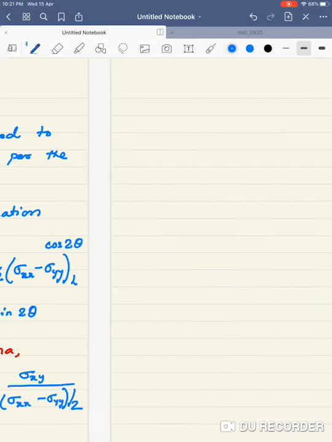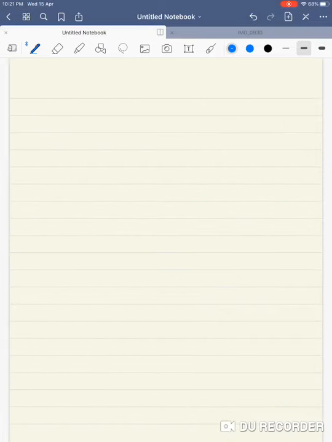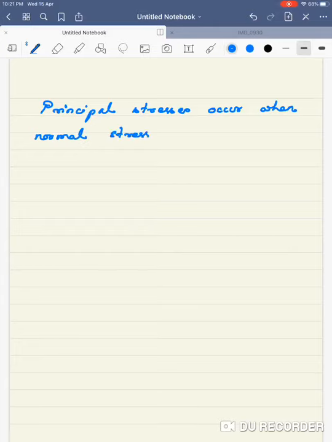Those planes carry what are called the principal normal stresses, which occur when normal stresses attain a maximum or minimum value.